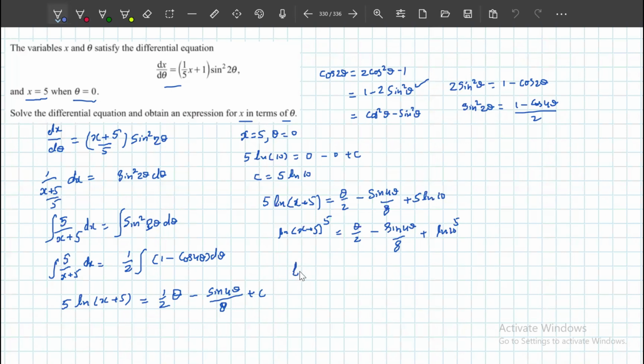Whenever there is a minus sign between logarithms, we can write it in divide form, meaning ((x plus 5) over 10) whole power 5, and here we have theta over 2 minus sine 4 theta over 8.